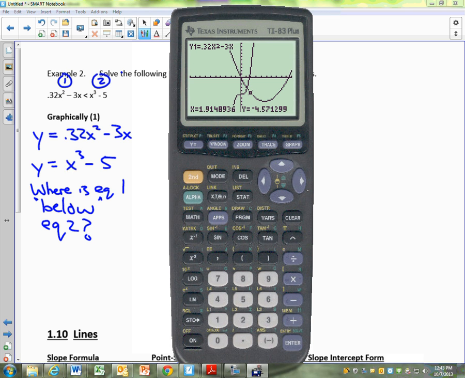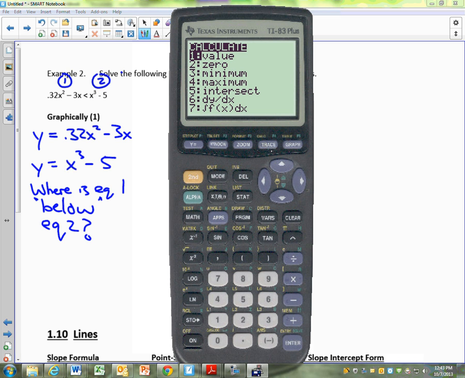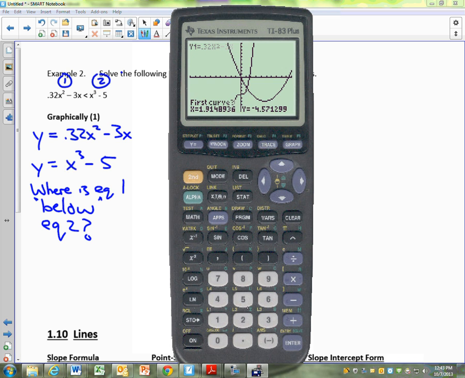Wouldn't you all agree that that change happened at the intersection point? That for every value bigger than that one, I'm going to be below. So let's find that spot. How would you find that spot? Second, calculate. Intersect number 5. It asks me for the first curve.